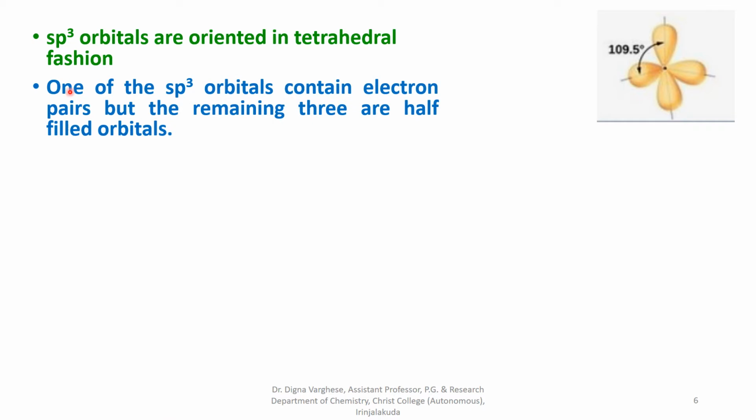One of the sp3 orbitals contains an electron pair, but the remaining three are half-filled orbitals, containing one electron each.